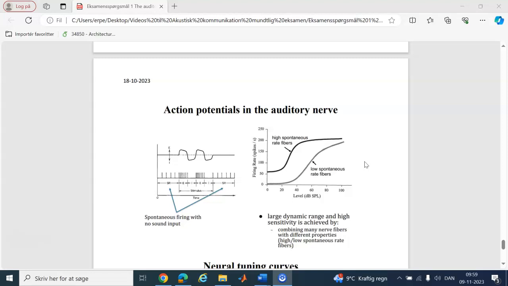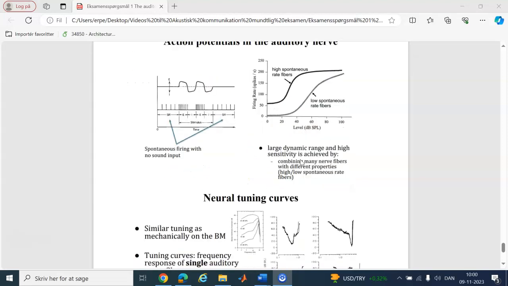The low spontaneous rate fibers need more level to be activated and activate more slowly, but the spikes can continue to increase after 100 dB. So there is a bigger range there. For high spontaneous rate fibers, it goes over about 20 to 40 dB from slow spike firing rate to high spike firing rate.